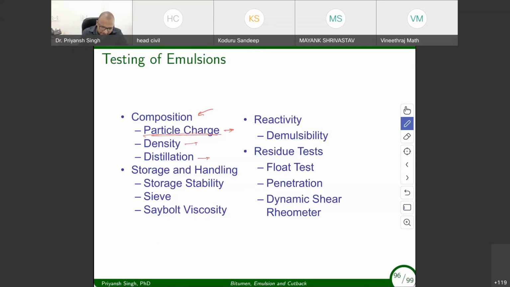There could be different sets of tests for storage and handling performance. There can be storage stability, sieve analysis, Saybolt viscosity, and reactivity, that is, how quickly they will break if they are added with the aggregates, and some tests on the residue obtained from the emulsion. They could be the float test, penetration, or some parameter tested from the DSR.